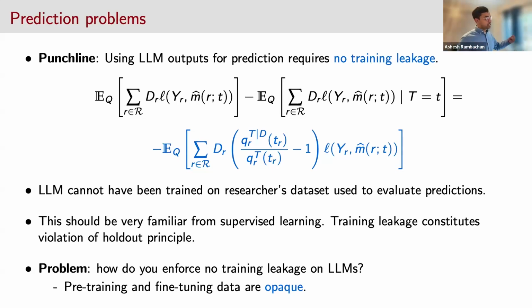The cleanest example of training leakage would be, suppose I am trying to do a back testing exercise where I take headlines and try to predict stock returns using a large language model, back testing it over the last 10 years. Suppose you found that you could make a lot of money trading off the LLM's forecasts.